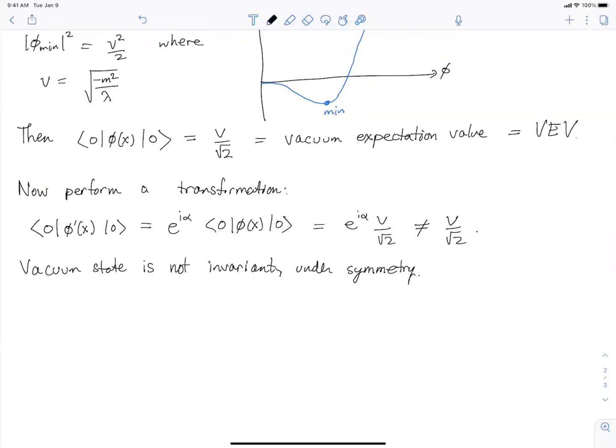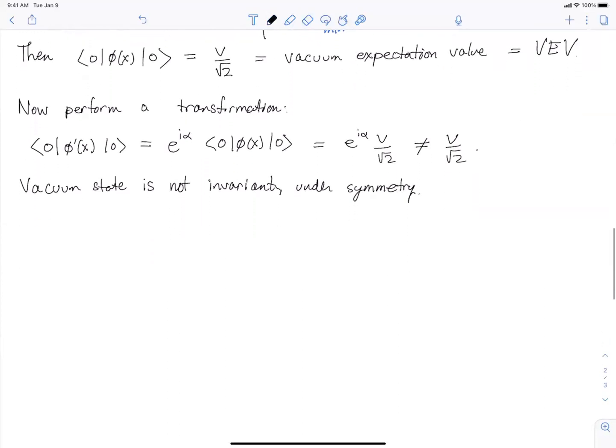All right, so now let's think about what this means from the point of view of the particles and interactions of the theory. And to do that, we're going to consider fluctuations around this vacuum, around the vacuum expectation value.